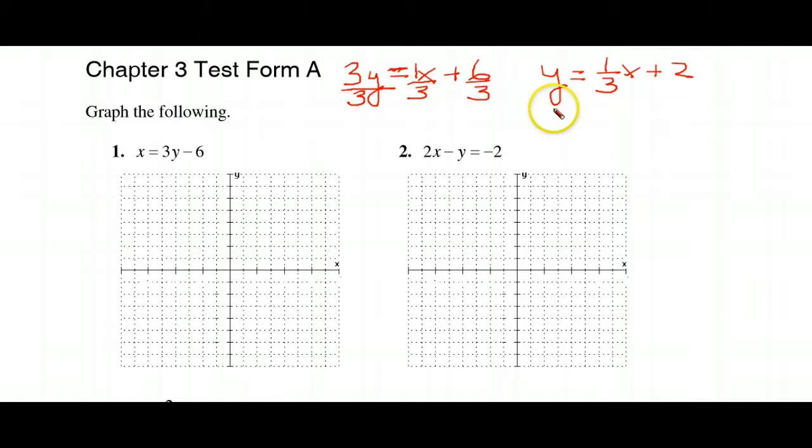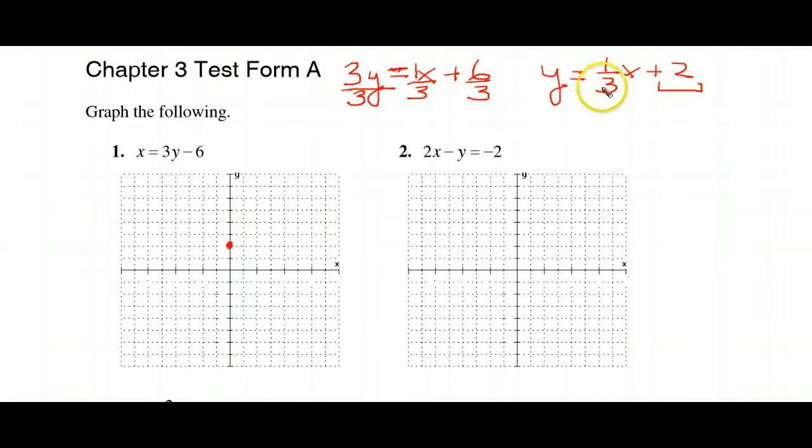Now in your toolkit you ought to have a number of ways to solve, and what's obvious here is we can use the slope-intercept form to graph this. So the first thing we do is we plot the y-intercept, which is a +2 right there. Then we look at our slope, which is rise over run.